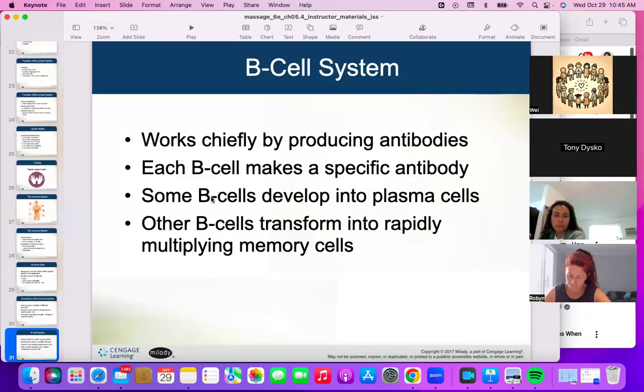Now, each B cell is designed to make a specific antibody, and each antibody is designed to battle a specific microorganism. B cells also develop into plasma cells that manufacture millions of identical antibody molecules, and they pour them into the bloodstream.